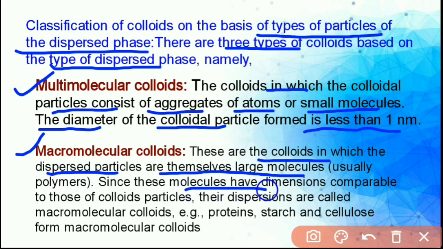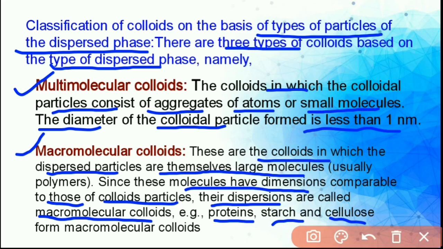Since the molecules have dimensions comparable to those of colloidal particles, their dispersions are called macromolecular colloids. For example, protein is an example of a polymer, starch is also a polymer, and cellulose is also a polymer. And when that type of molecules is dissolved in water or any other solvent, they form macromolecular colloids.